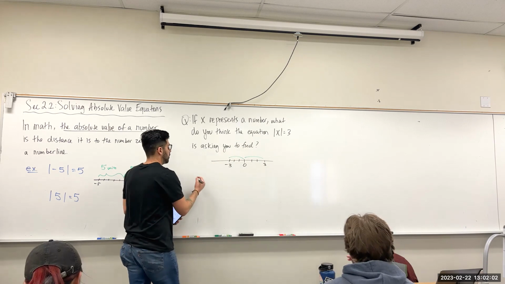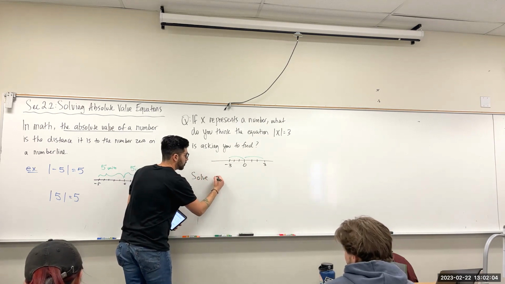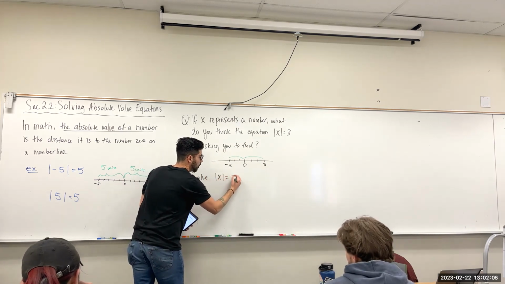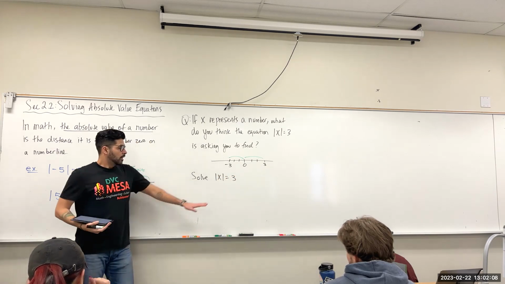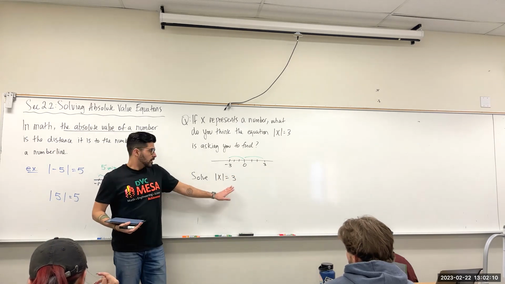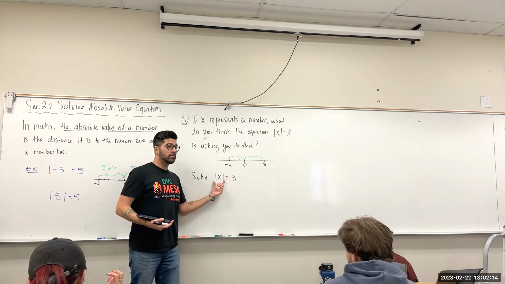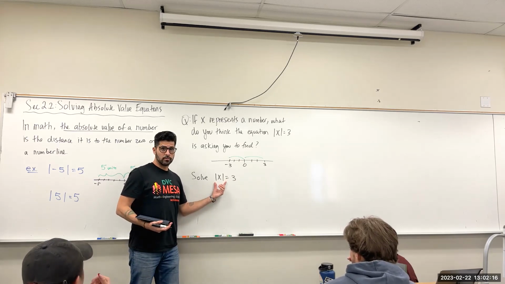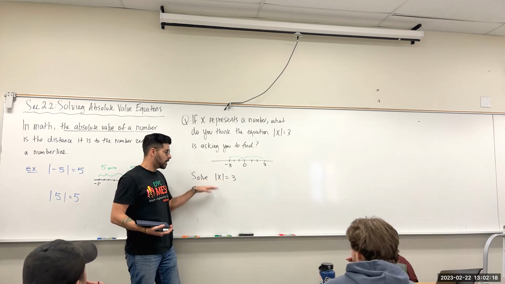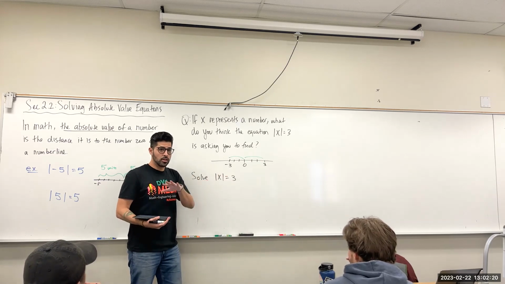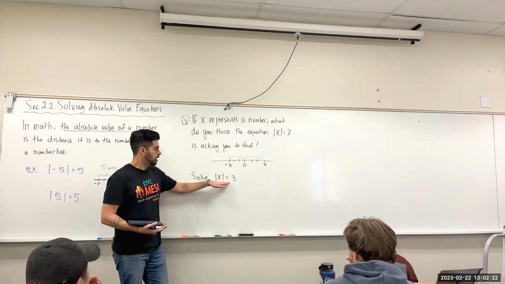When you're asked to solve this absolute value equation, here's where it gets tricky with the algebra, because there's not really any algebra you do to get rid of the absolute value. You can't divide by anything, you can't square root anything. There's literally no algebra that needs to be done.